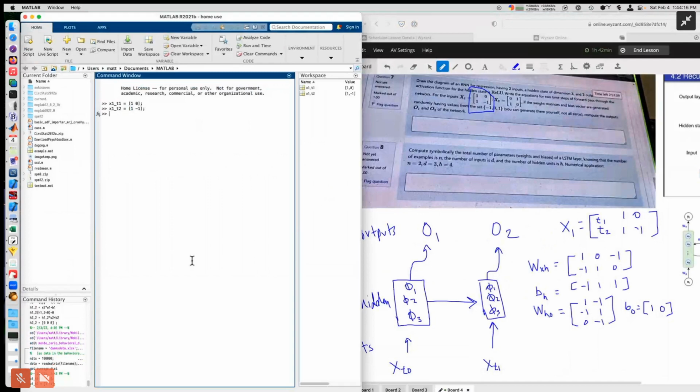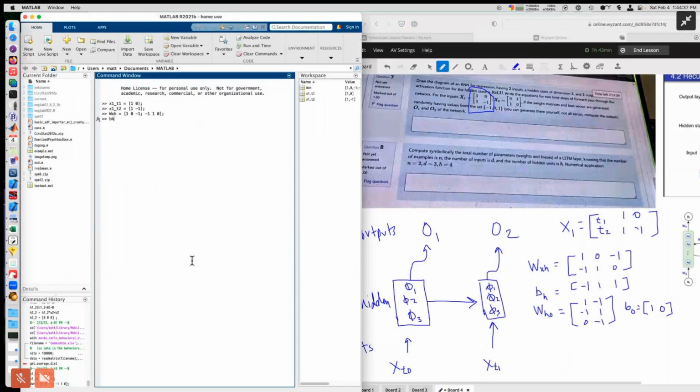We made up the weights from x to h to be 1, 0, -1, and -1, 1, 0.